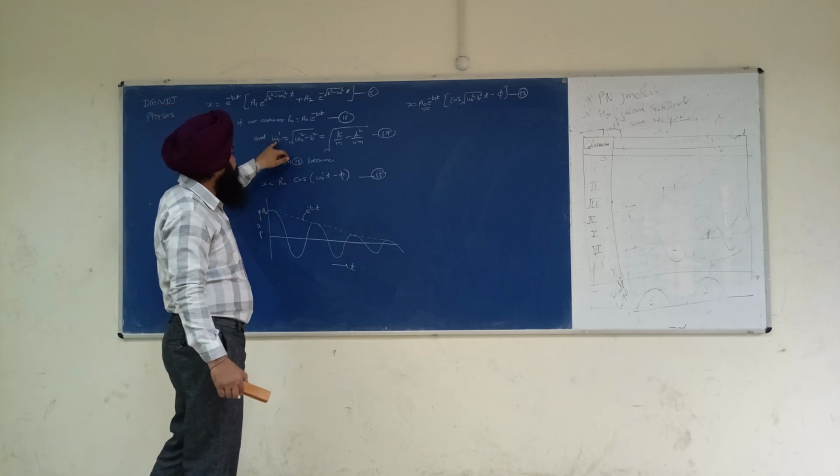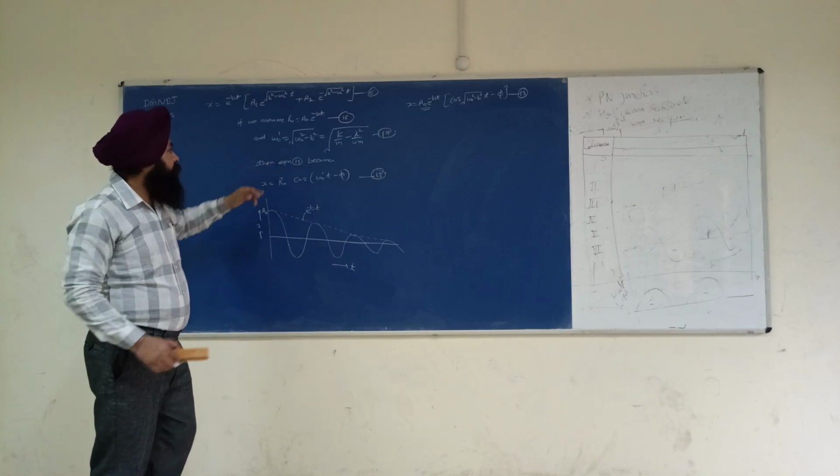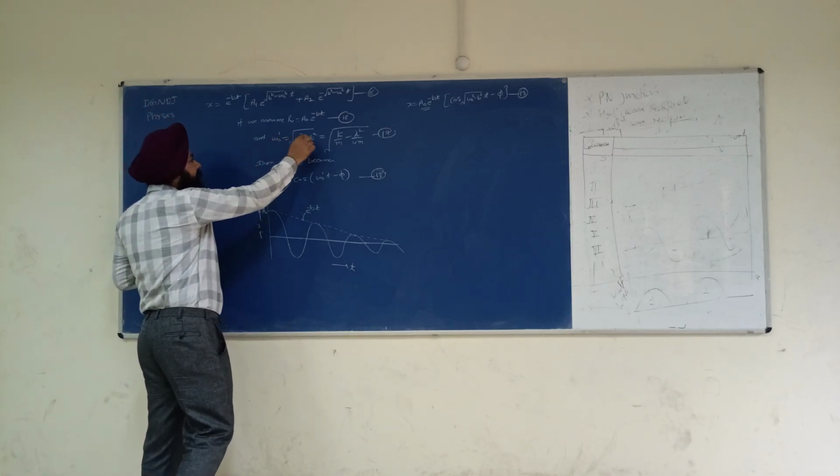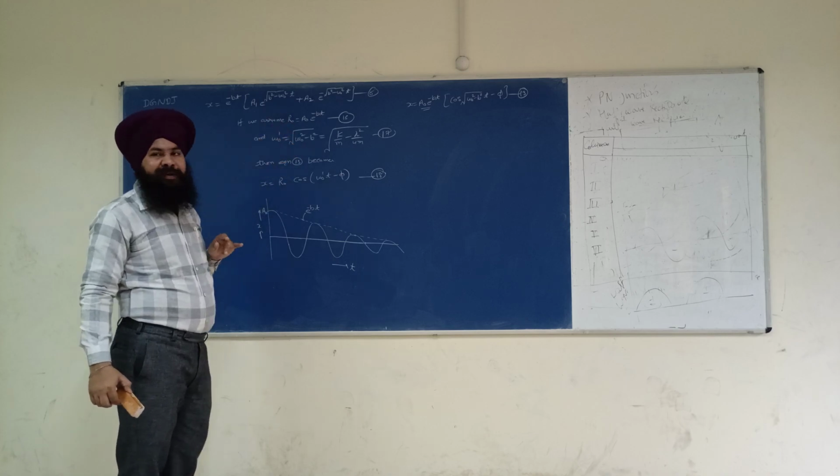And let us assume omega naught prime is equal to the square root of omega naught square minus b square. What is omega naught square?